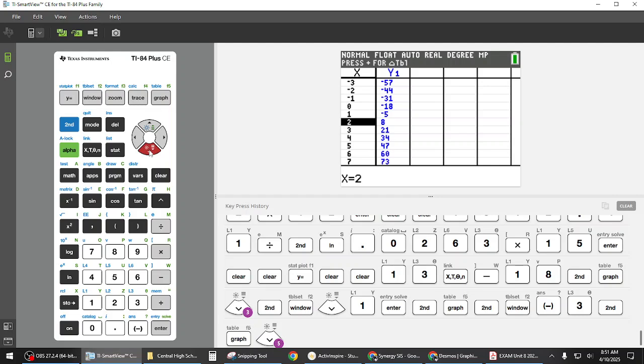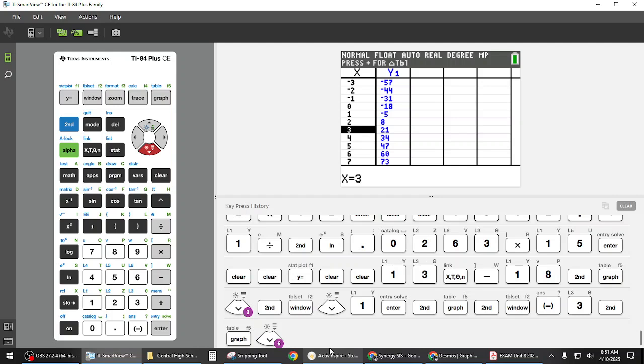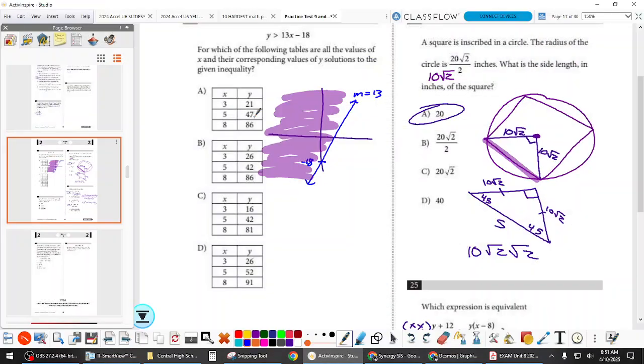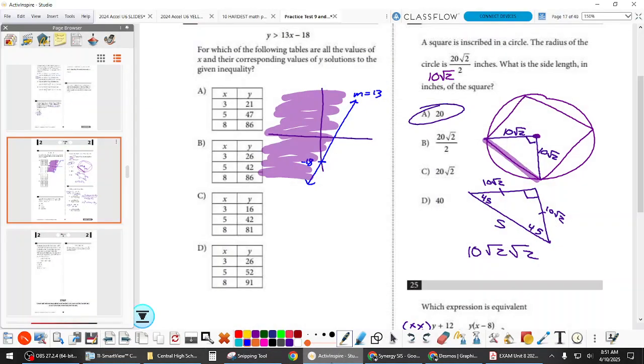Okay, so we have 21, and 5 is 47, and 8 is 86. So is A correct? No, it's not.